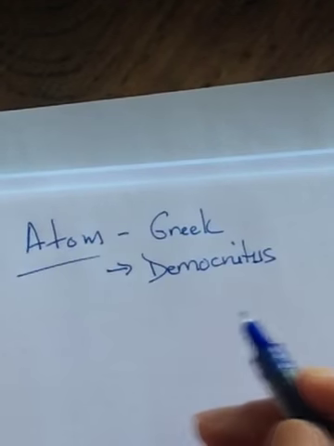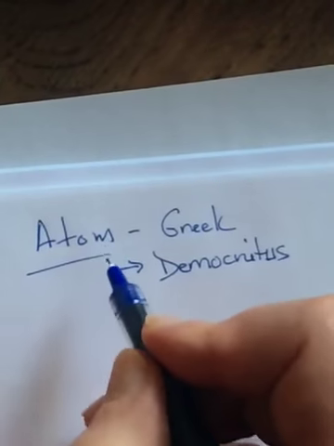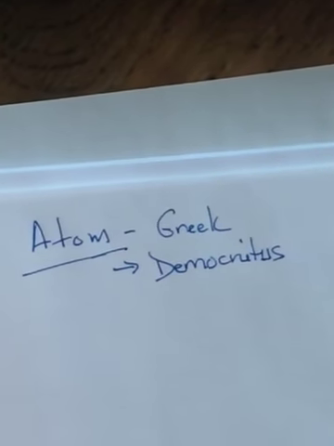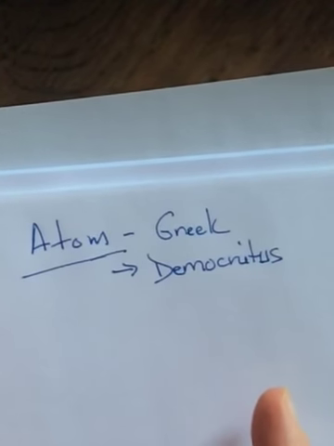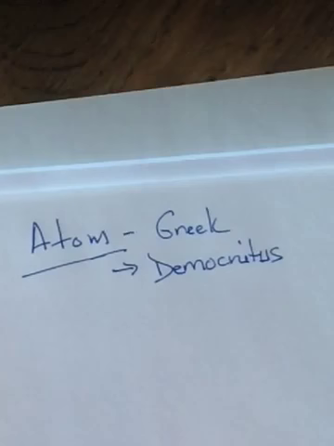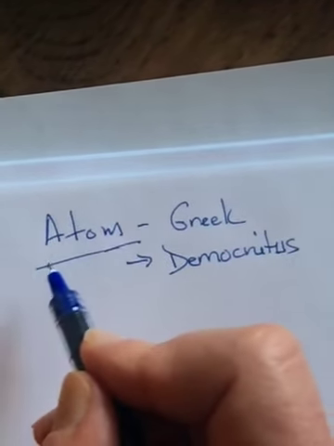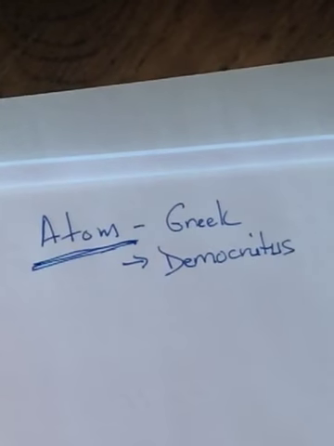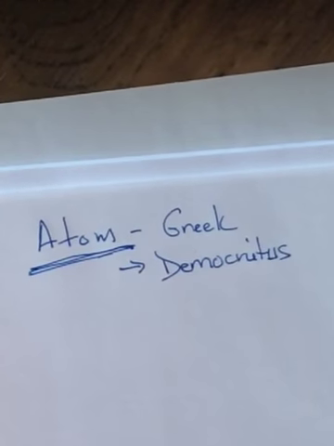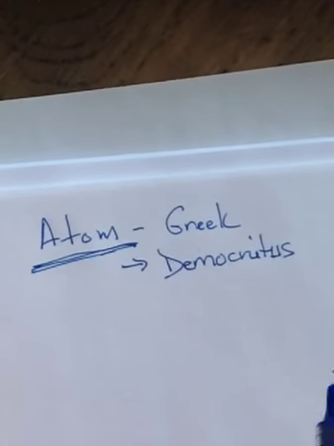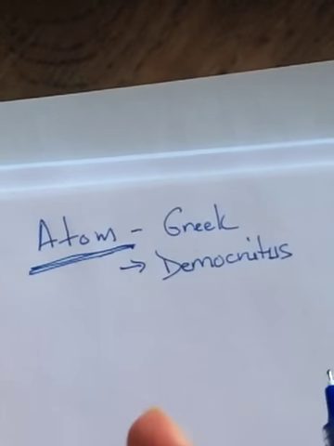He would have used it about 400 BC, and he used it because he suggested that everything you pick up, look at, or see could be broken down into smaller and smaller pieces until you finally got to the point where it couldn't be broken down anymore. What you would have then, he said, was something called an atom, something that could no longer be further divided. And he was right, that's what the word atom means.